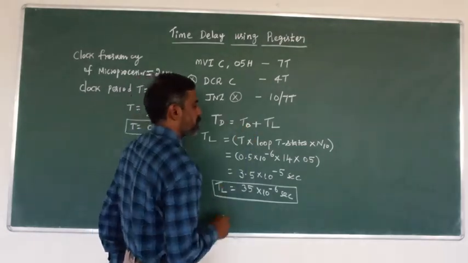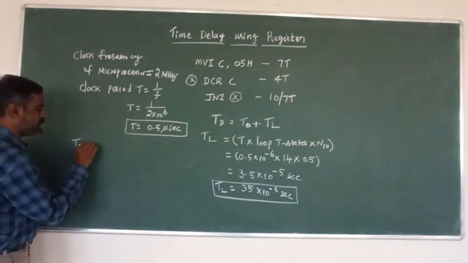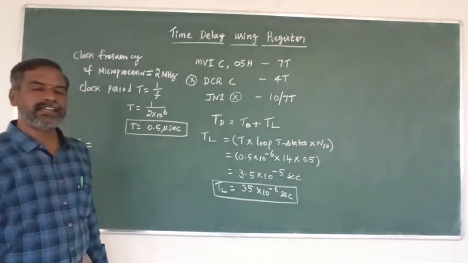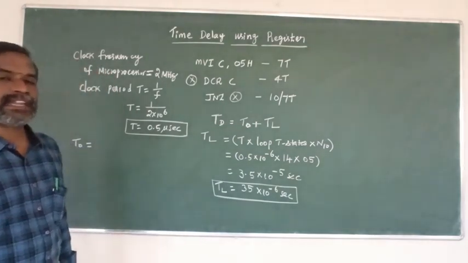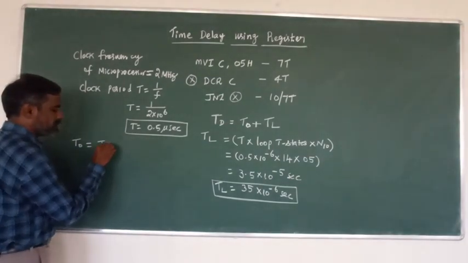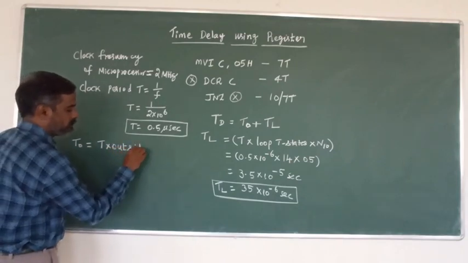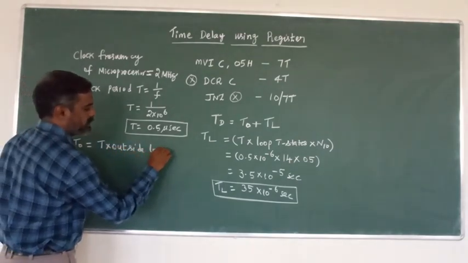Next, to calculate TO. TO means the outside loop time delay: time period into outside loop T states.